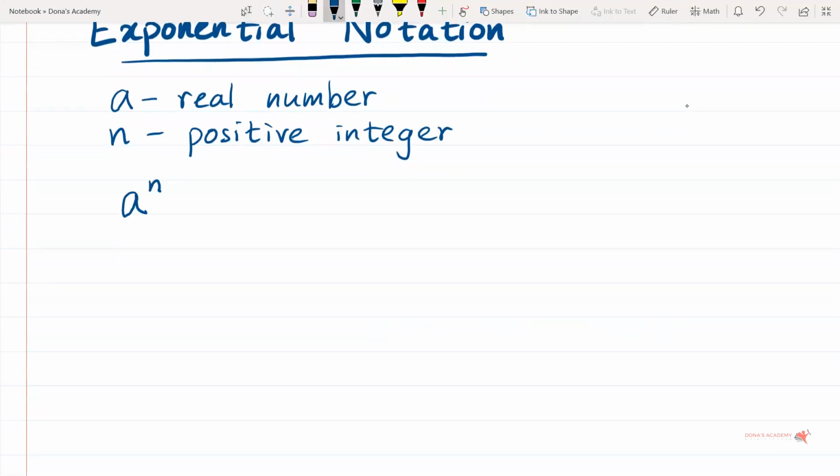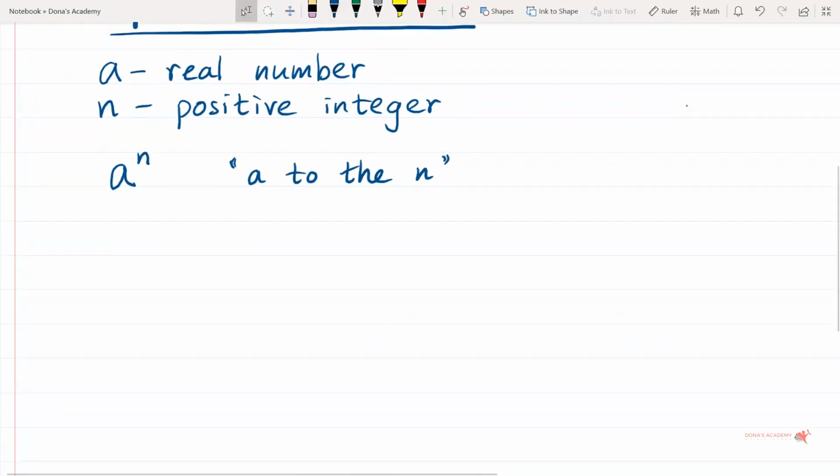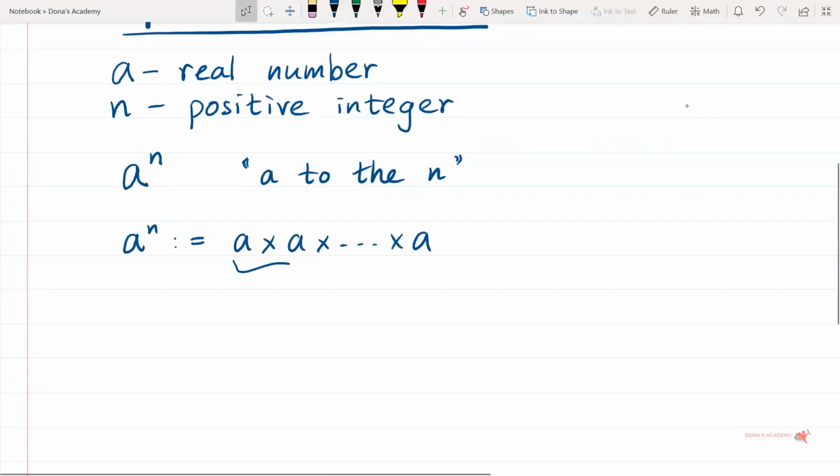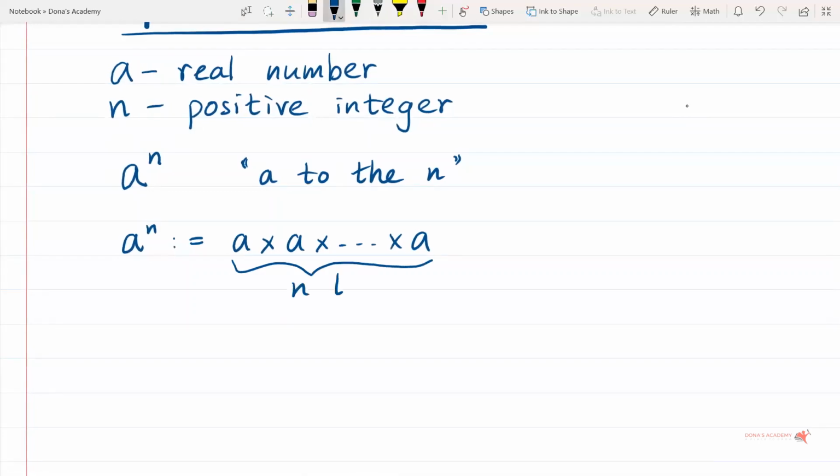We call it a to the power n, or sometimes we just say a to the n. Now, what do we mean by this notation? This means that we multiply a by itself n times. That is the meaning of this notation.